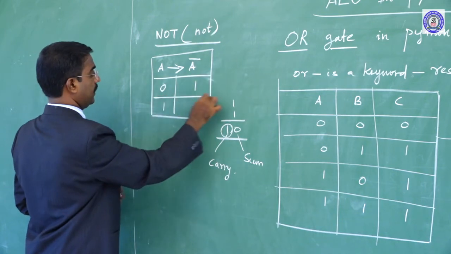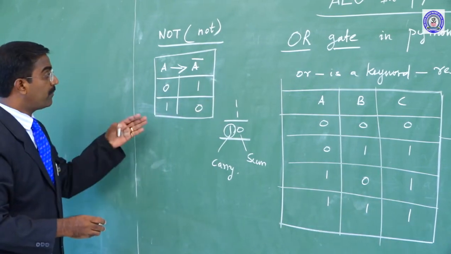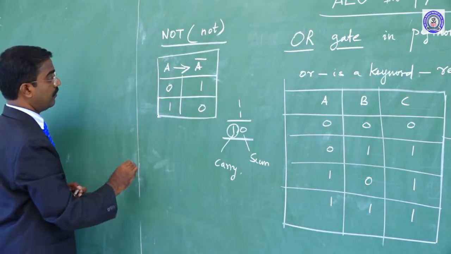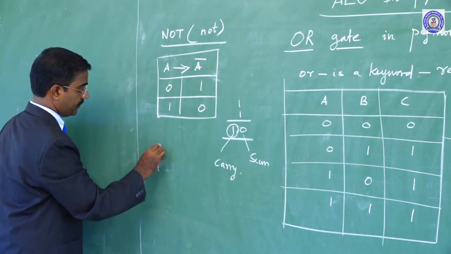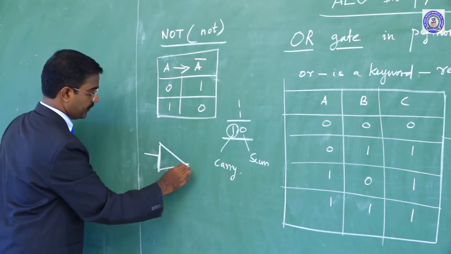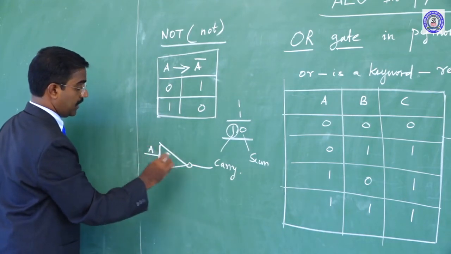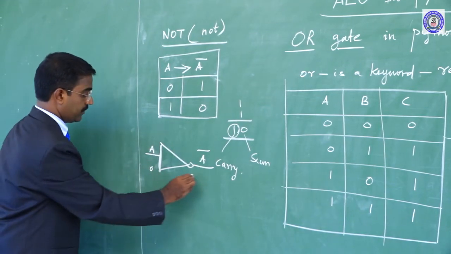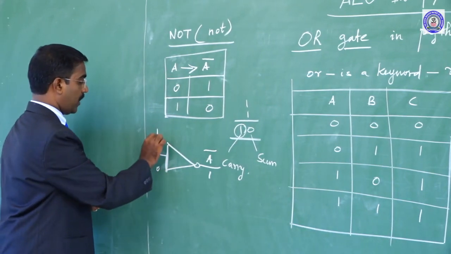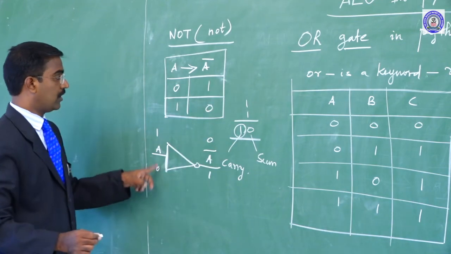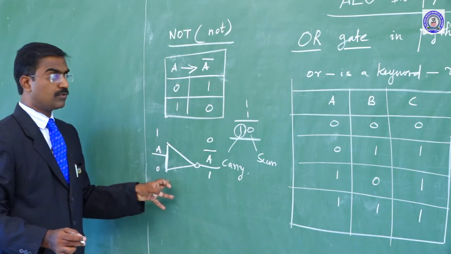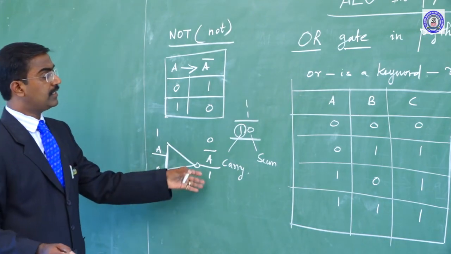Clear? I think you understand. Now the operation will start. Here the input is A, and this is A or A dash. So here 0, here 1, or here 1, here 0. Why? Because this is only one input, that's why there are 2 entries.